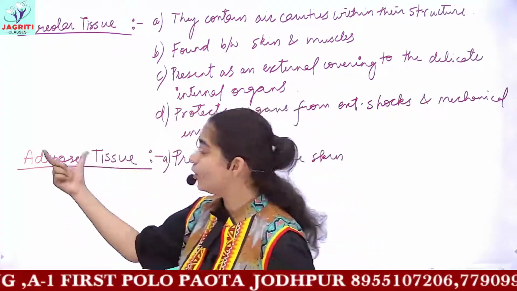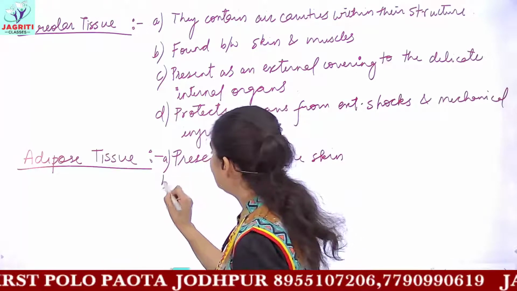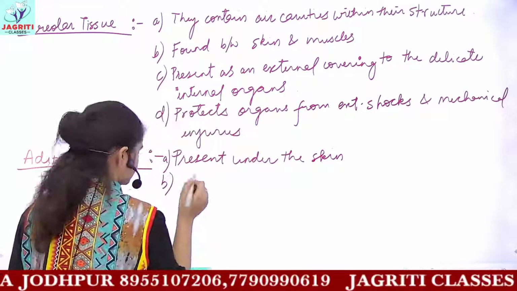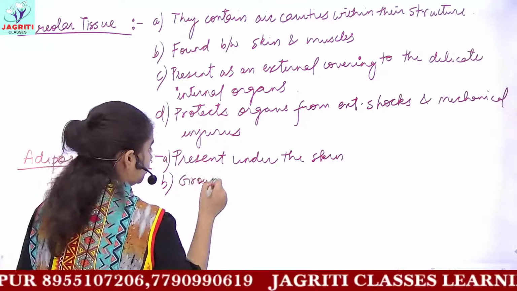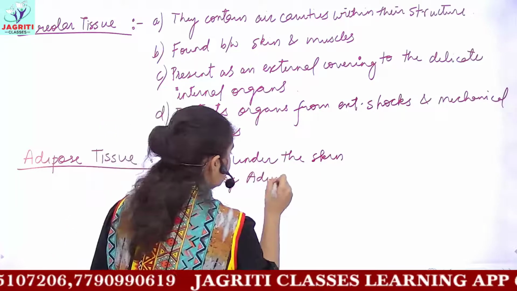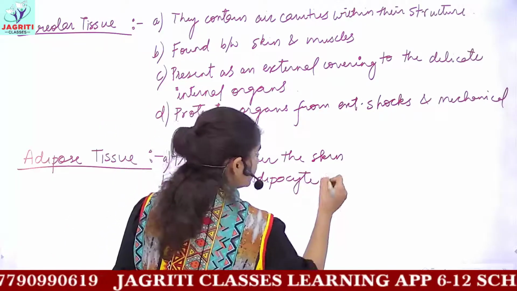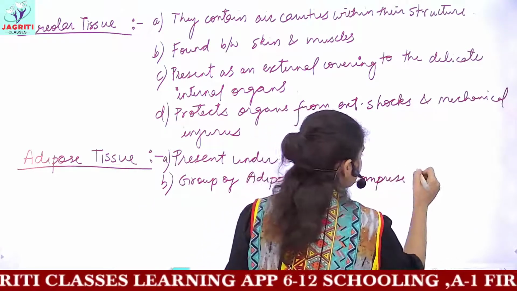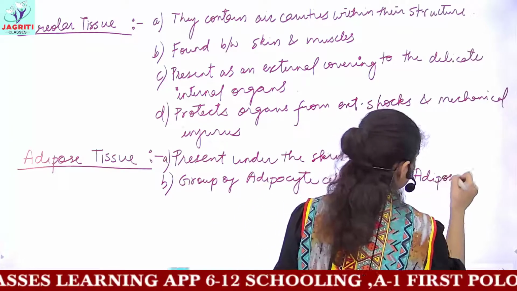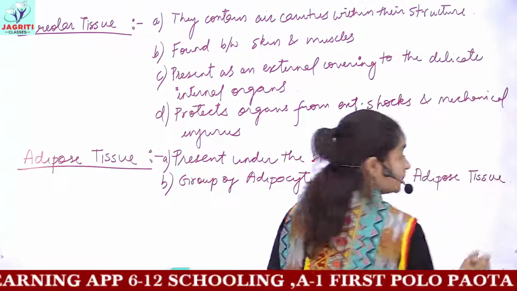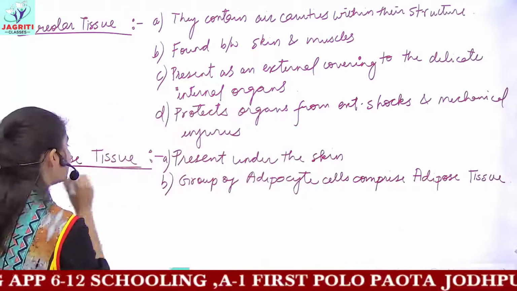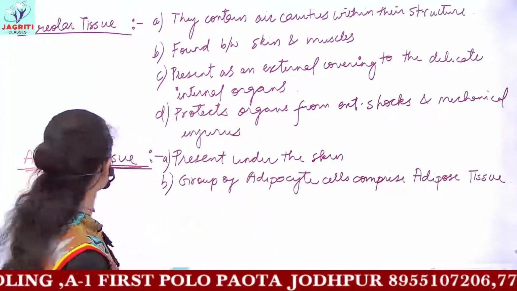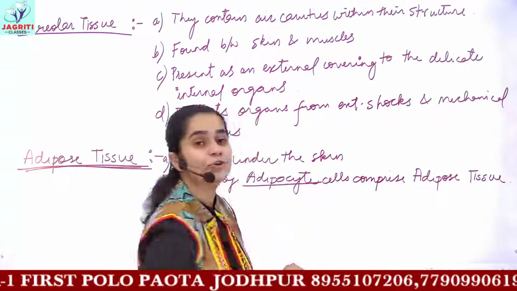So a single cell of this adipose tissue is called an adipocyte. A group of adipocytes constitutes our adipose tissue. A tissue is a combination or group of similar cells, so the cells of this adipose tissue are called adipocytes.